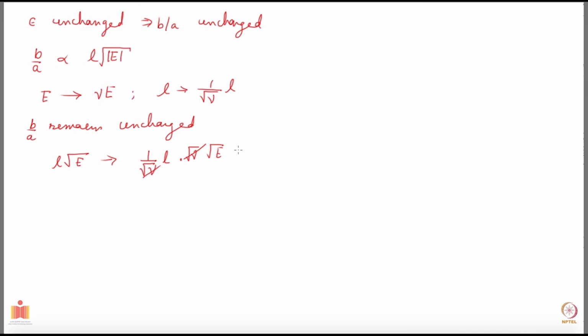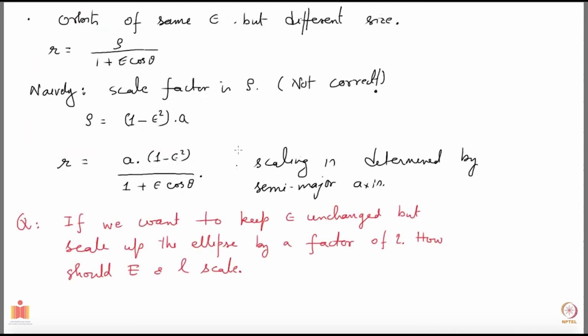Because that is what is going to determine the scale of the ellipse, right? You remember this? Somewhere here. Yeah, here you have A. So if I know how A has changed, I will know the answer.